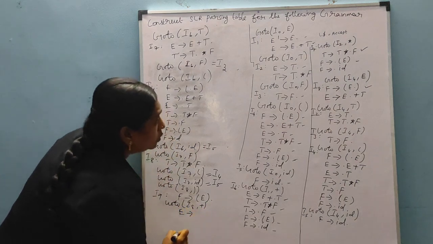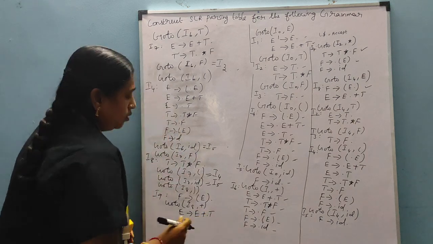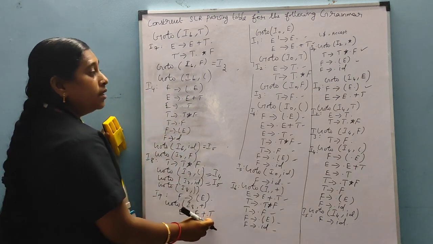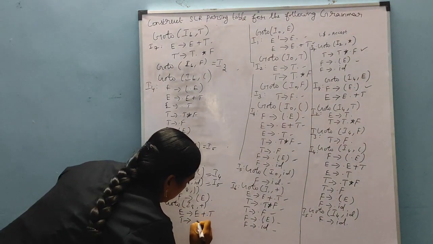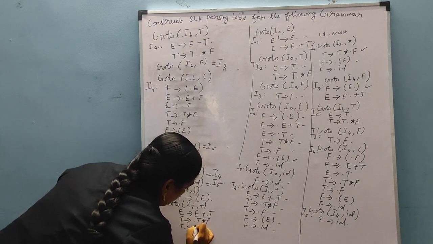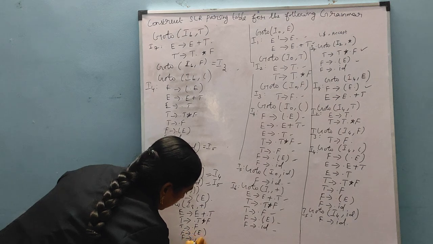E tends to E plus dot T. So how to add the non-terminal T production from the I0 state: T tends to dot T star F, T tends to dot F, F tends to dot open bracket E close bracket, F tends to dot ID.